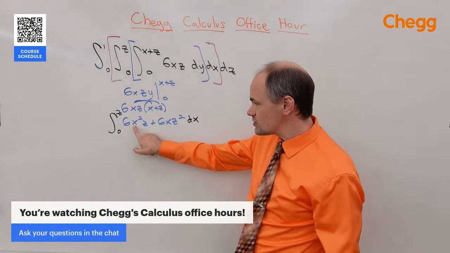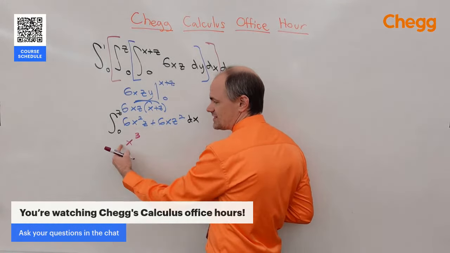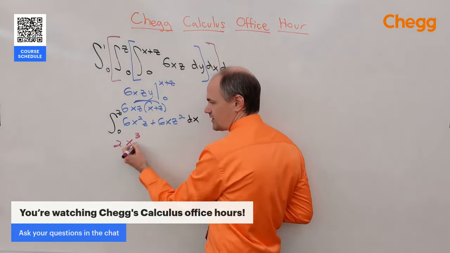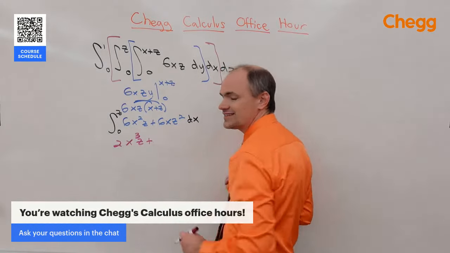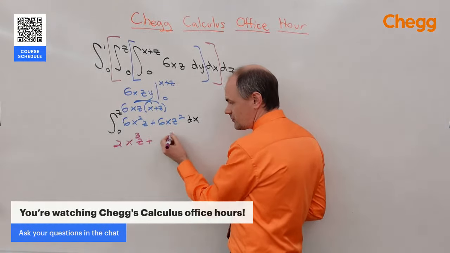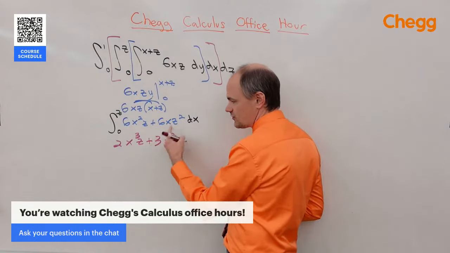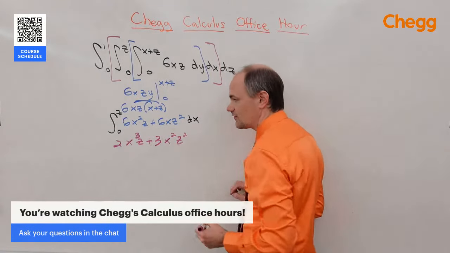So z is a constant. We take the antiderivative of x squared, which is x cubed, divided by 3. 6 divided by 3 is 2. The z, the constant, is just along for the ride. With the x, we increase its exponent by 1 and divide by 2. 6 divided by 2 is 3, and the z squared is along for the ride.